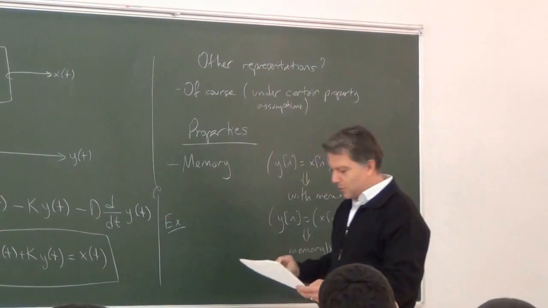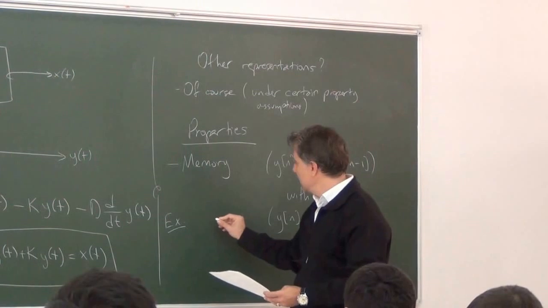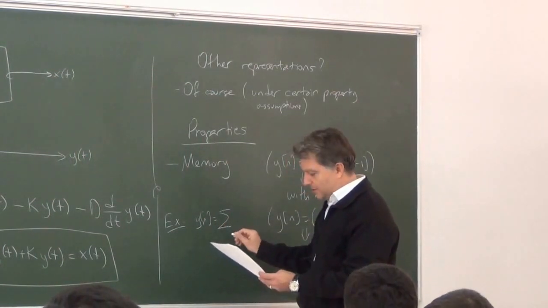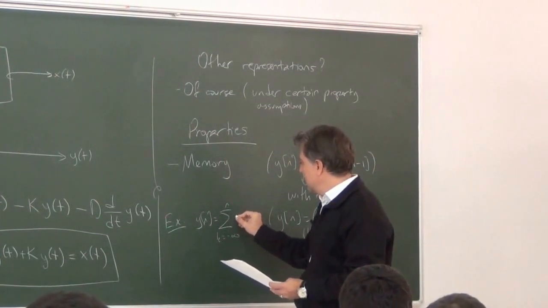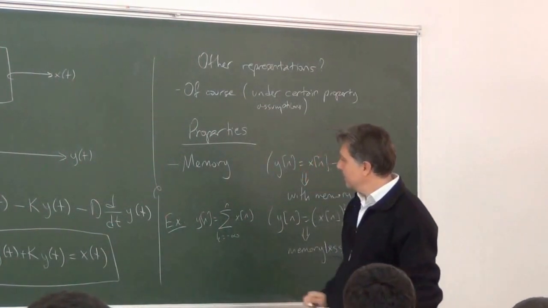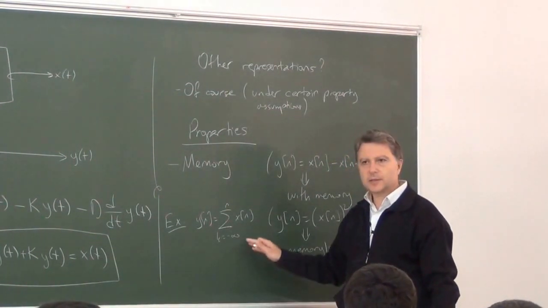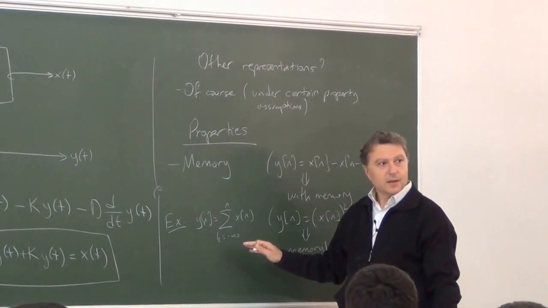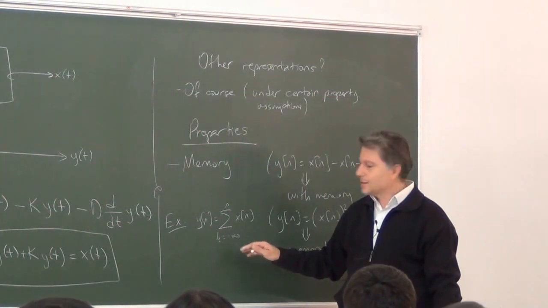Let me give you a very small example here. Is this memoryless or with memory? y of n is equal to summation k from minus infinity to n x of n. What can you say about this? It is not memoryless.